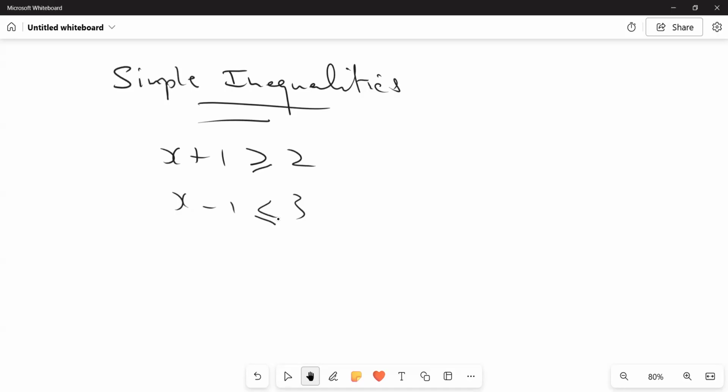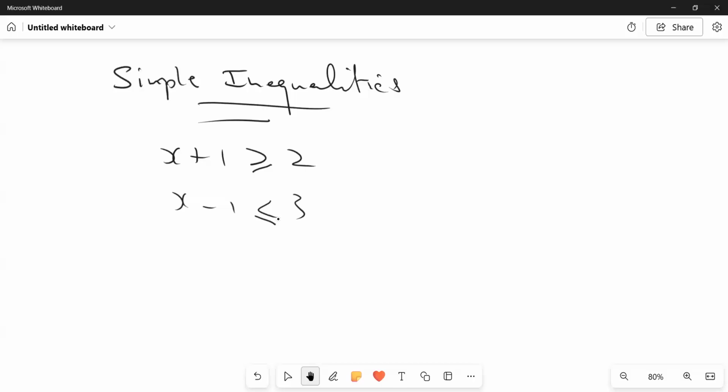However, there is a simple rule to solving inequalities. You solve inequalities the same way you solve equations, except there's one little exception. Remember this: you solve inequalities the same way you solve equations.